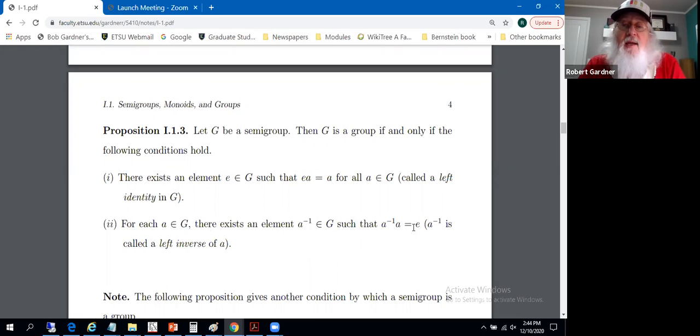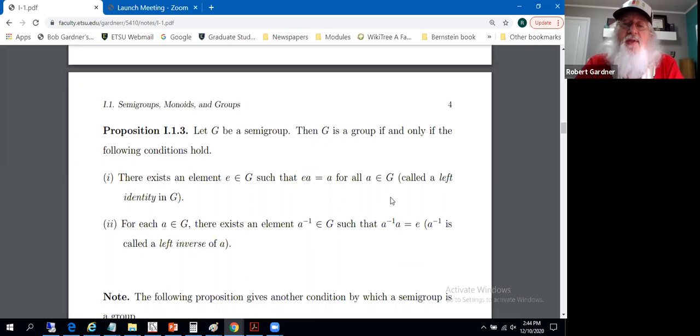So we're saying if we have a group, then we have this left identity property. The second one's called a left inverse property for element A. So if we have a group, of course, we've got left identities and left inverses. We've got two-sided identities and two-sided inverses. It's going in the other direction that this is useful, and we'll use this here shortly.